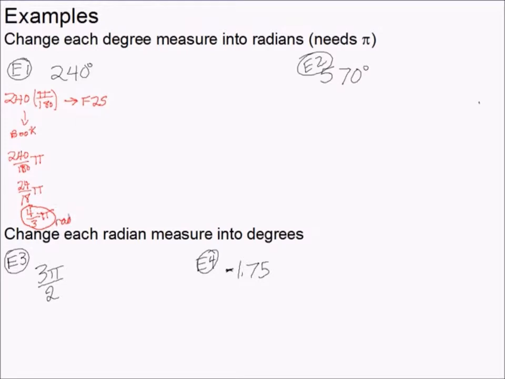Over here, the way I did it, I just typed it into the calculator: 240, put in parentheses, do pi, and then divide by 180. Okay, and remember I said don't round until the end of the problem, but here is the end of the problem, and you approximately have 4.2 radians. It'll be 4.2 radians. Okay.